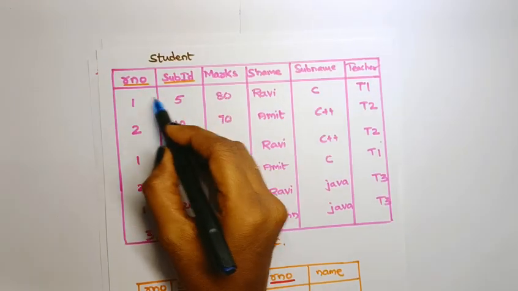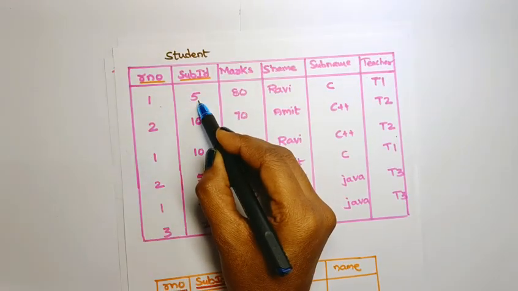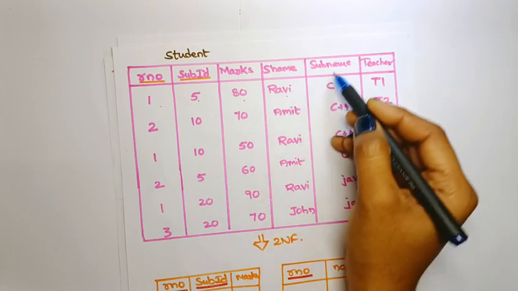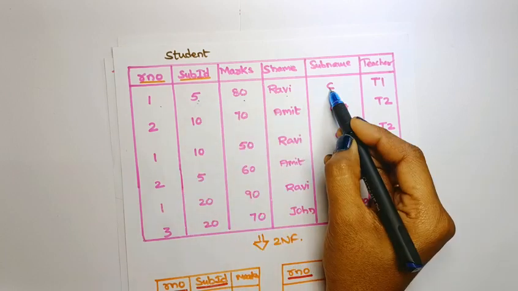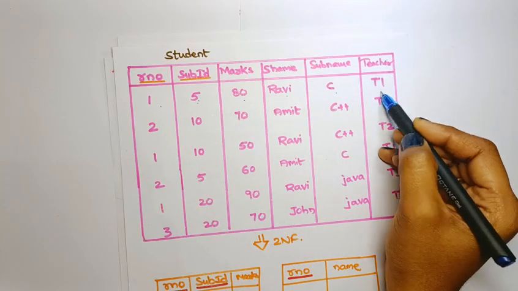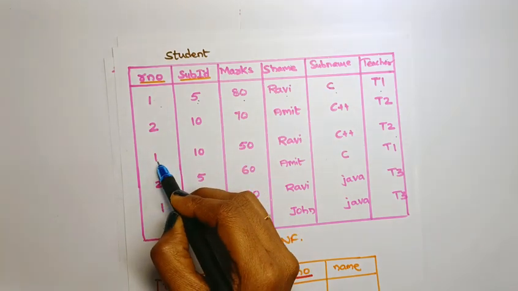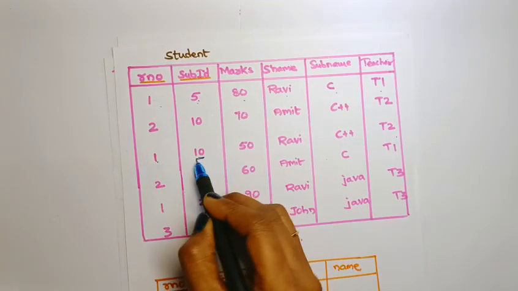Consider this. So here roll number 1, subject ID 5, got 80 marks, and the student name is Ravi, and subject code 5 means the C course, and the teacher is Steven. And roll number 1, Ravi joined for the course 10 also.